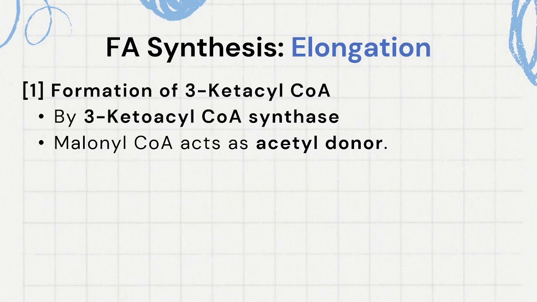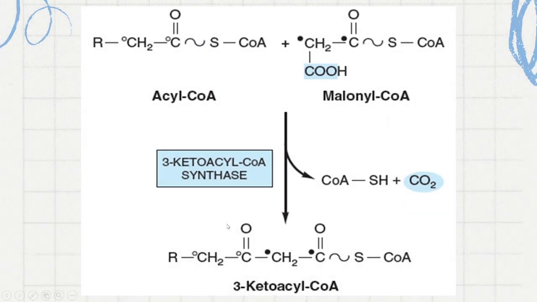The first step of elongation is formation of 3-keto-acyl-CoA. This is our acyl-CoA residue or fatty acid that we want elongated to add to its length. We are going to use malonyl-CoA as a source of carbon atoms, and under the influence of the 3-keto-acyl synthase activity of the elongase, CoA will be released plus 1 carbon atom, and the 3-keto-acyl residue here is formed.